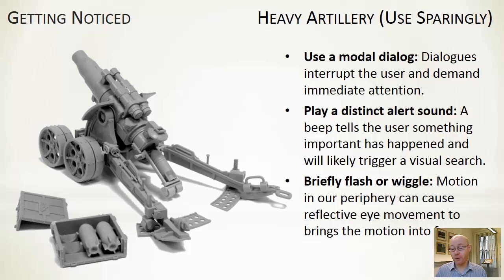Briefly flash or wiggle. Again, if it's not on the periphery, if we are wiggling or moving it about, it produces a reflexive eye movement. It's an automatic eye movement. Our eyes are automatically dragged to where there is movement, and we notice that then.